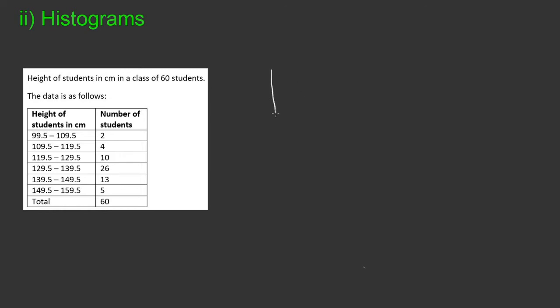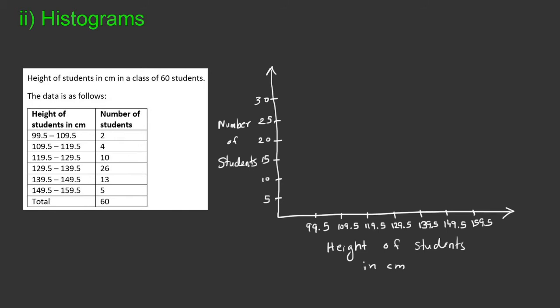Here we are taking height of students in x-axis and number of students in y-axis and choose convenient scale for representation. Scale must be chosen to accommodate all data intervals. Here the data is not starting from 0, so mark a kink or break on the x-axis.